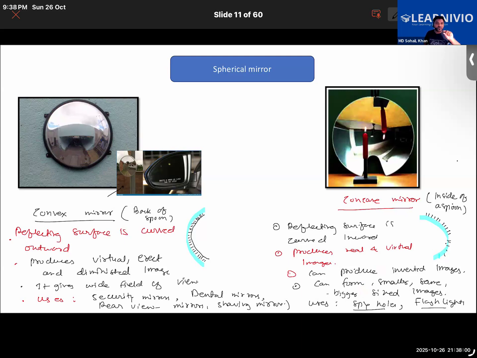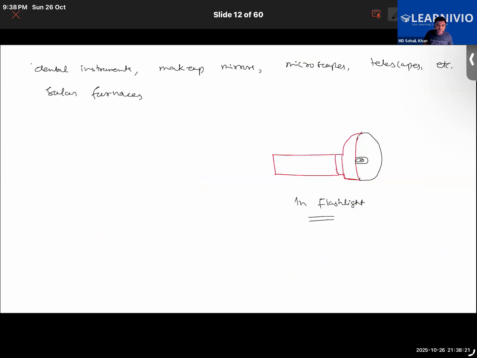Spy holes are basically used in the doors, so you can look across the door, like who's standing in front of the door, who is knocking. It is also used in headlights and flashlights. Okay.